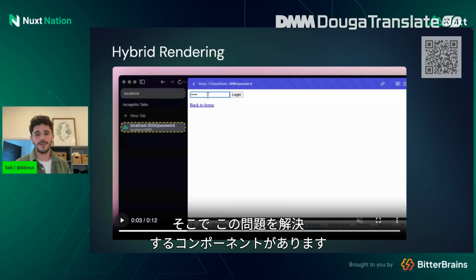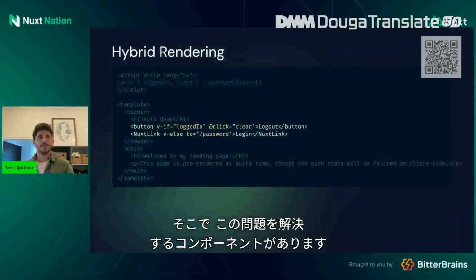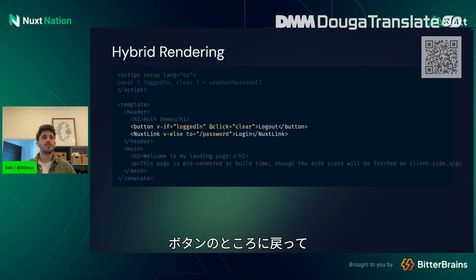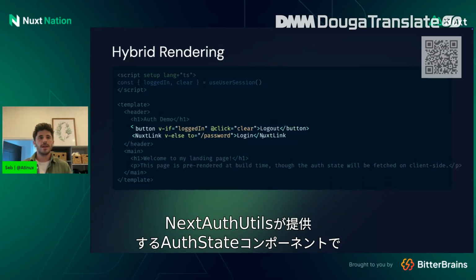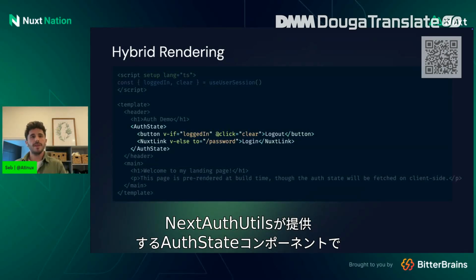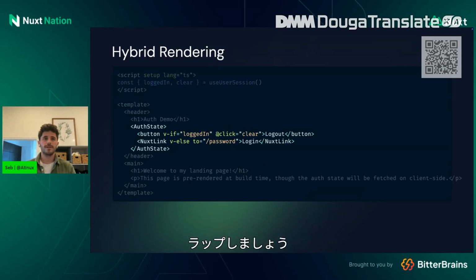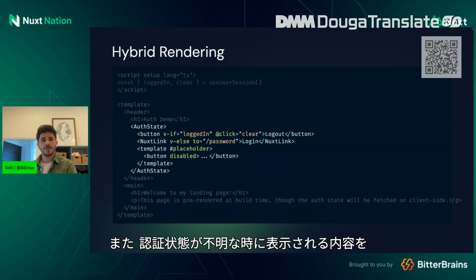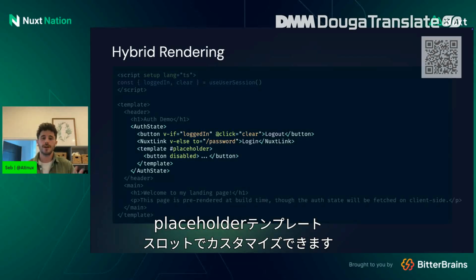But this is not great in terms of user experience. So for this, we have a component to solve that. So let's go back to our buttons here and wrap them with the AuthState component that Nuxt Auth Utils exposes. And we can also add a placeholder template slot to customize what is rendered when the authentication state is unknown.